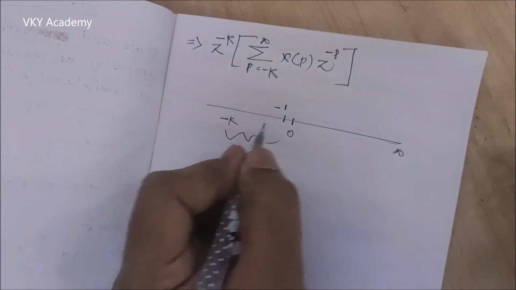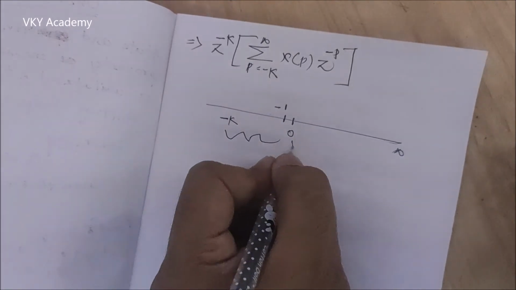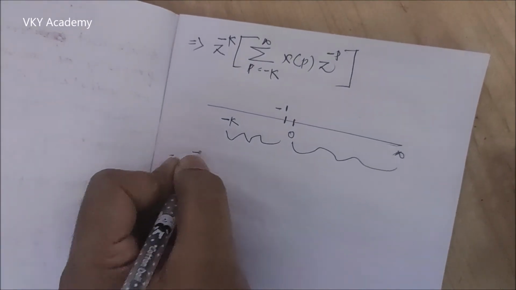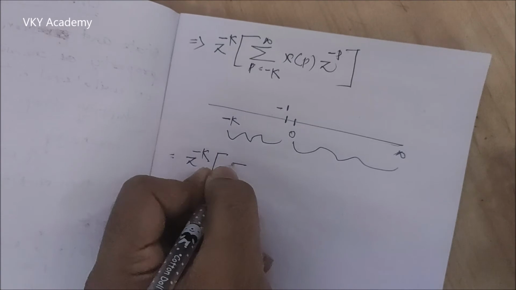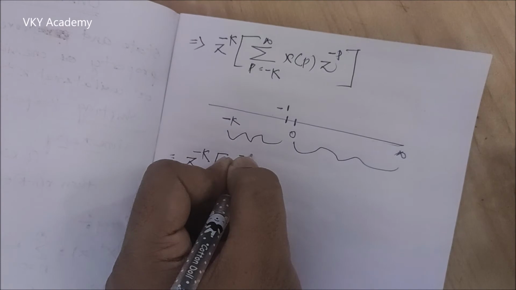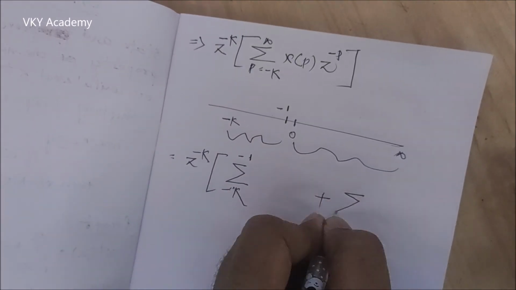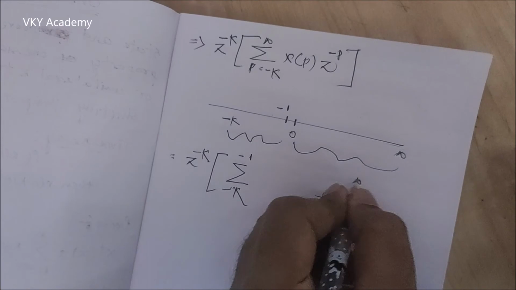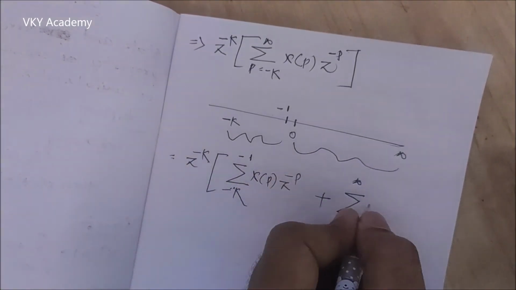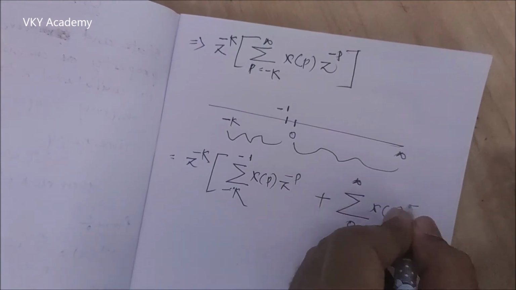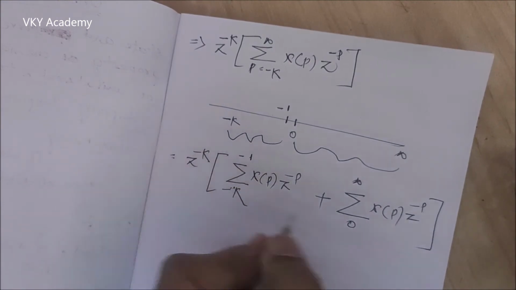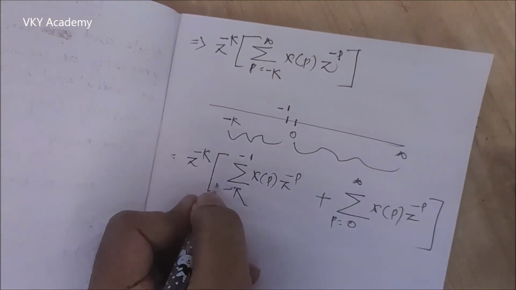So we have two summations, and it can be written as z to the power minus k whole into, bracket, summation p equal to minus k to minus 1 x of p z to the power minus p, plus summation p equal to 0 to infinity x of p z to the power minus p, bracket close.